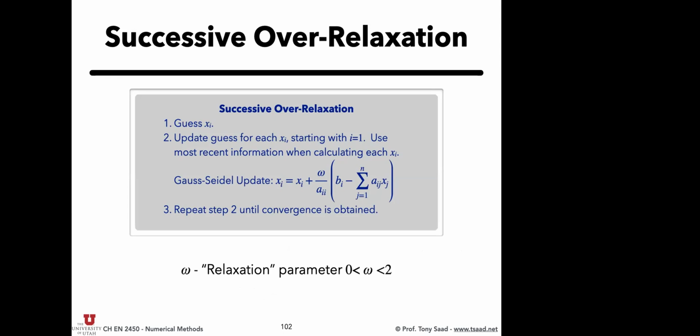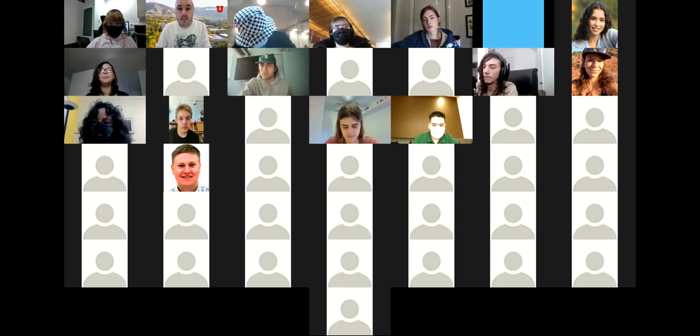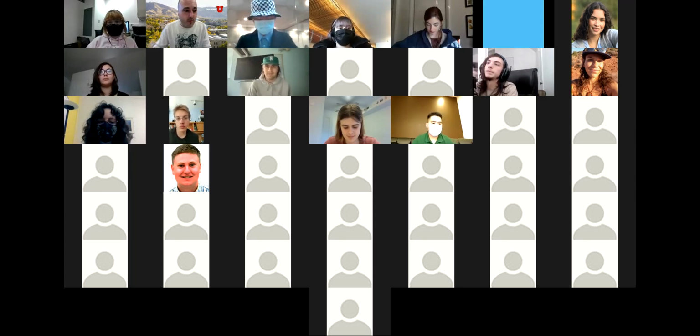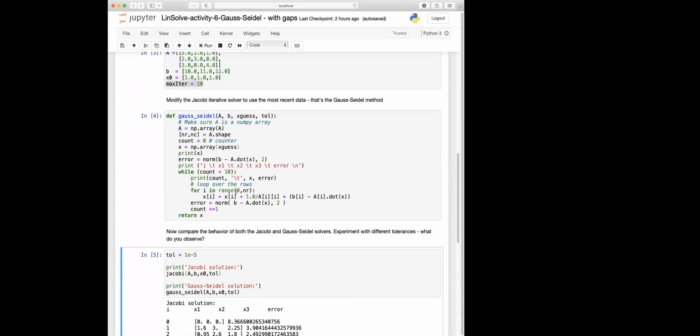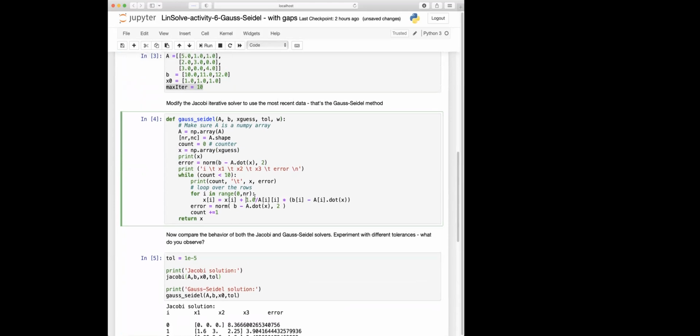So you can go back to the notebook and just add a relaxation parameter, okay, and see how your solution changes. Let's see, we have like half a minute to try to do this. I'll do it with you, and then I'll let you go. Okay, let me share my window. I'm going to go back to the Gauss-Seidel, and I'm going to add a relaxation parameter. I'm going to put a W over here, and I simply have to put W over here.